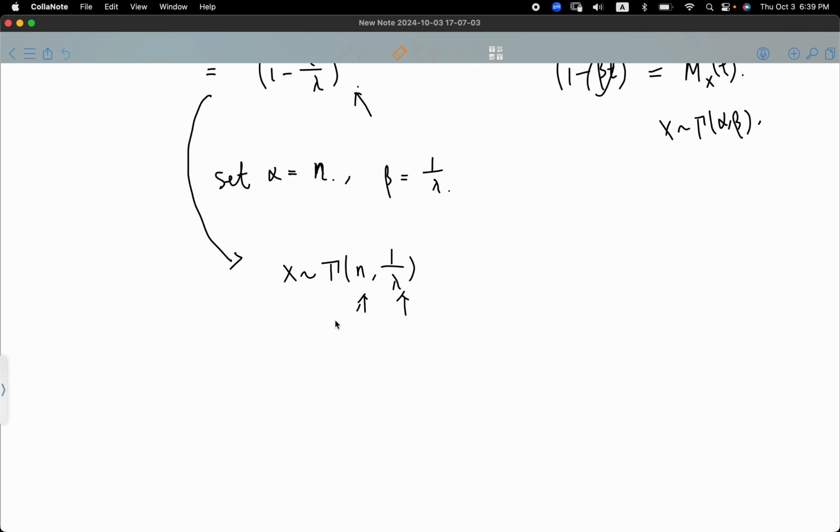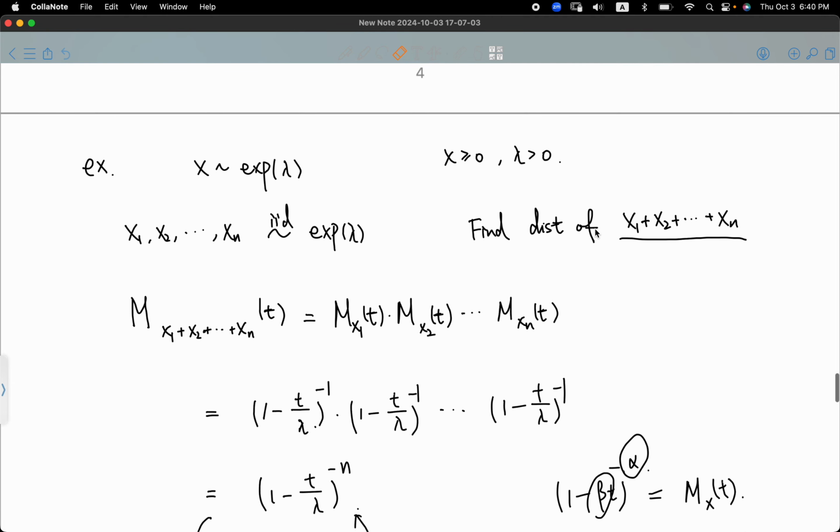You can also call this a property or a theorem: a sum of exponential distributions, but they have to be independent and identically distributed first, ends up as a gamma distribution with these two parameters. So that should give you the answer for the question here: what is the distribution of that?